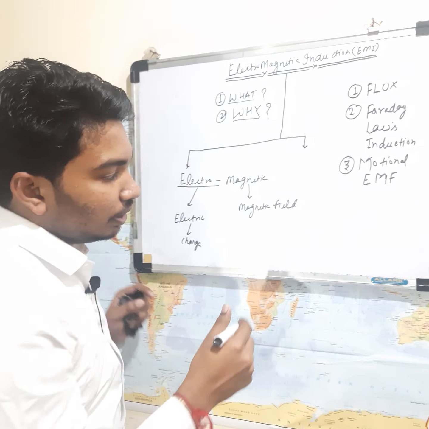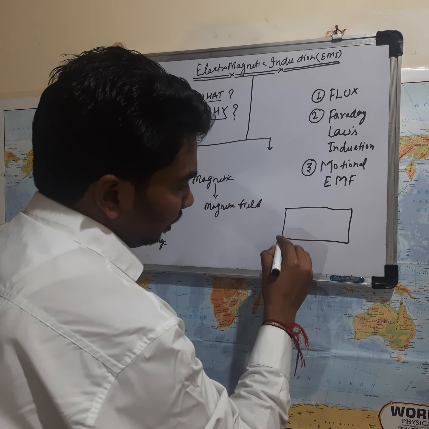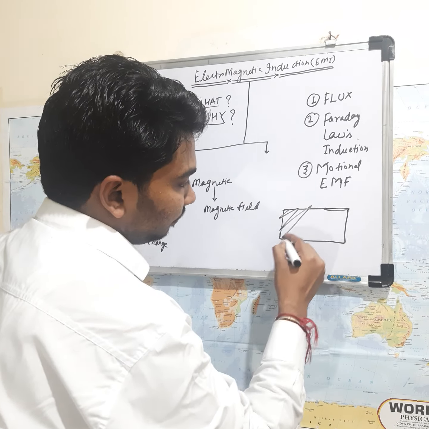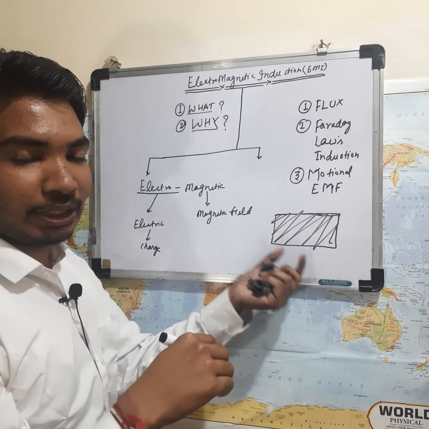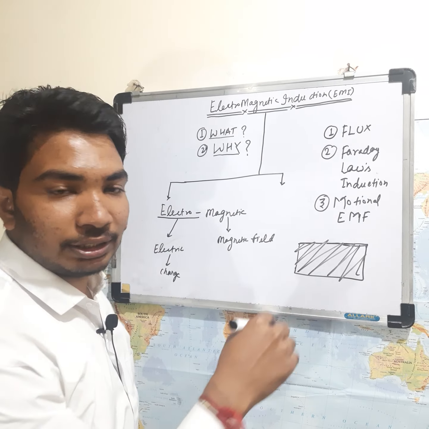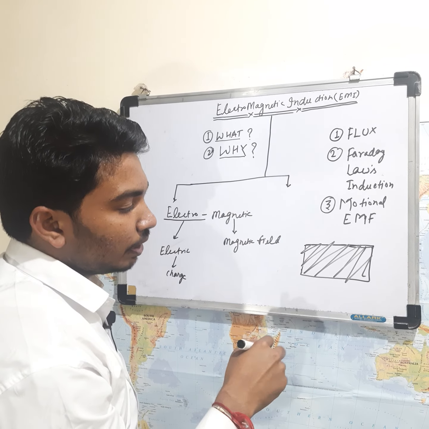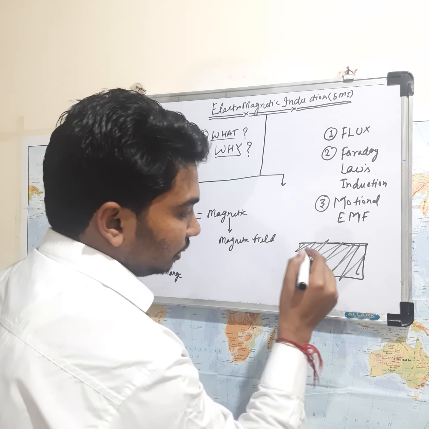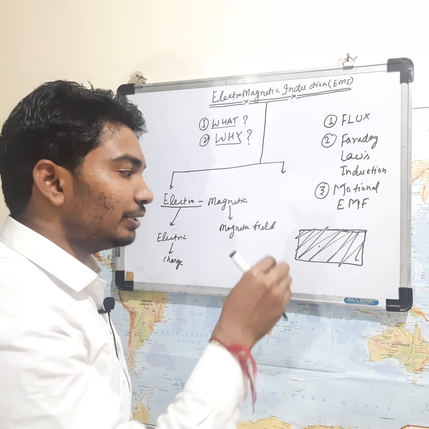What it means, let's say there is a conductor. The conductor could be any shape. Let's say this is a conductor plate in space, and in this plate the electric field and the magnetic field are both present at the same time.